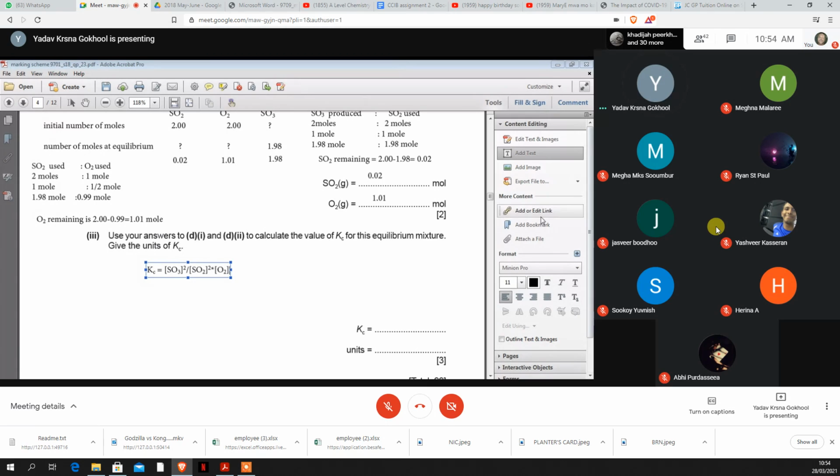Now, many students make mistakes over here. Sometimes, by coincidence, the mistake does not make you lose marks because the concentrations cancel. So a student has to understand that concentration is equal to moles per volume.